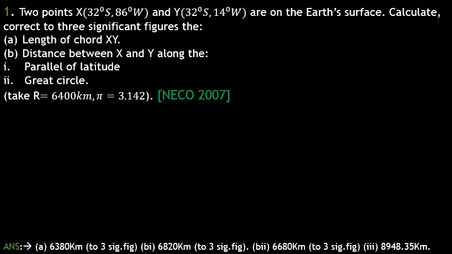This is question 1bii. We are asked to find the distance between x and y along the great circle. So what are we going to do? Again, let me draw the circle we had before.